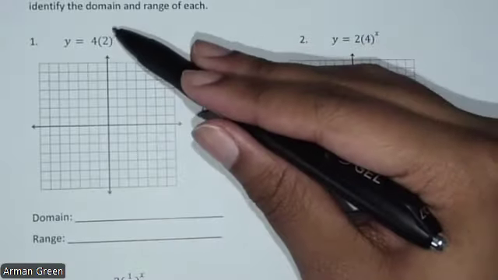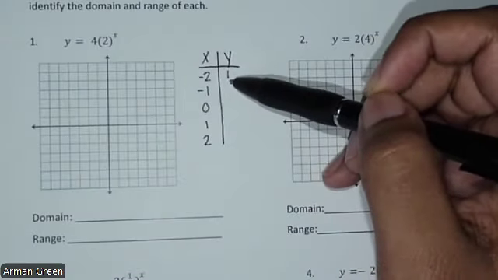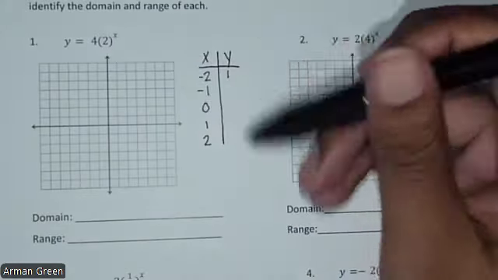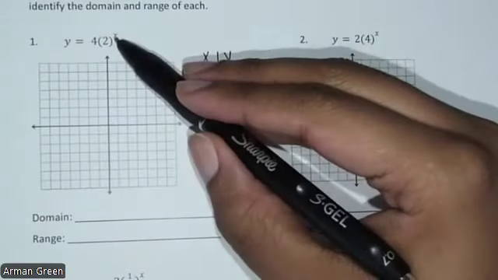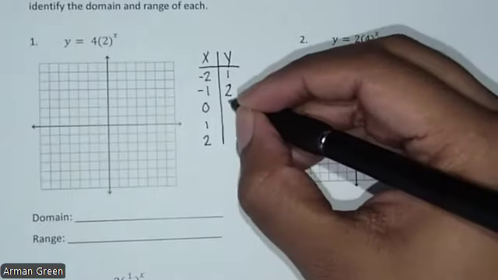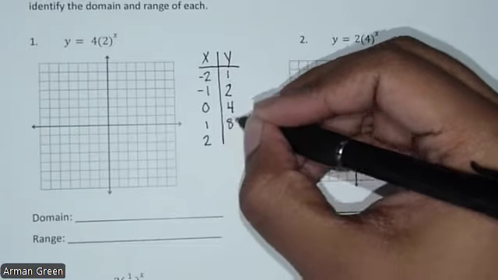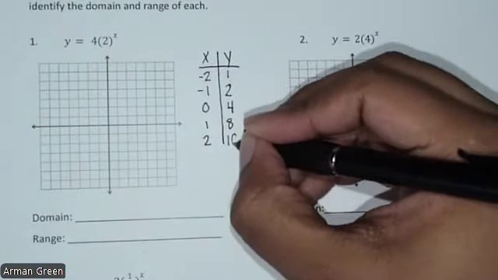So if I plug in negative 2 for x, my y value is going to be 1. If I plug in negative 1 into this function, I'm going to get 2. If I plug in 0 for x, I get 4. If I plug in 1 for x, I get 8. And lastly, if I plug in 2 for x, I get 16.